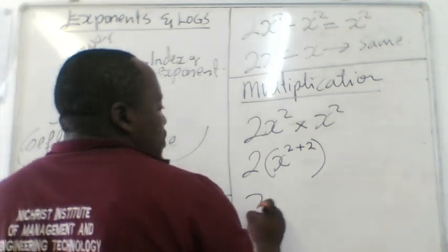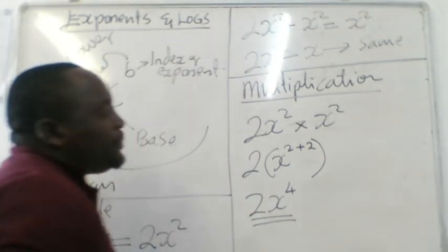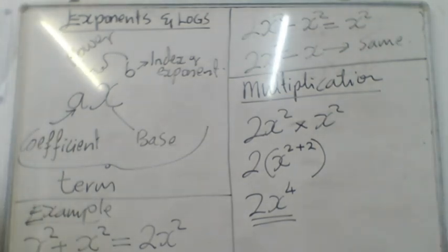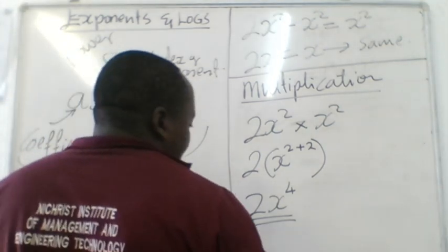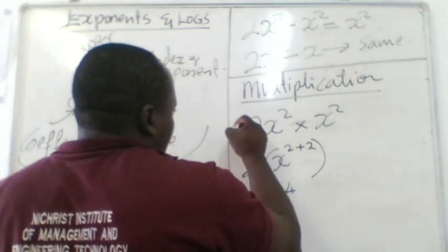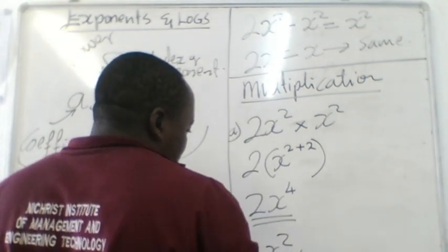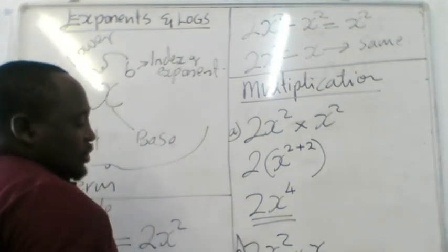So your answer will be 4x to the power 4. If it is maybe 2x squared times x, you can still combine this.